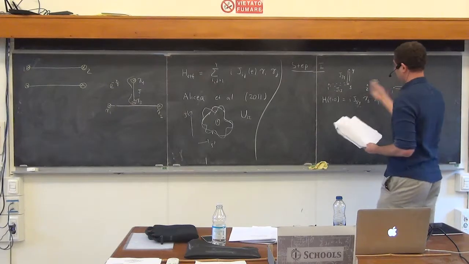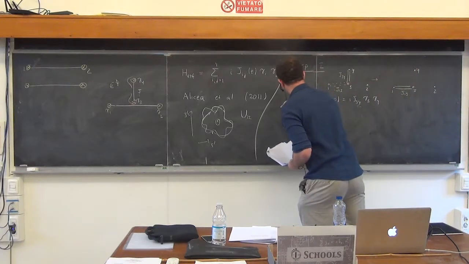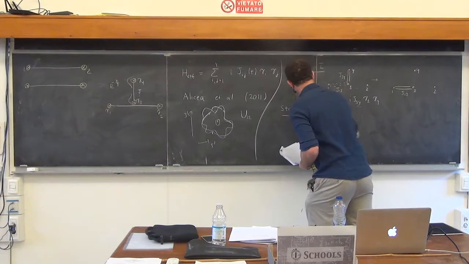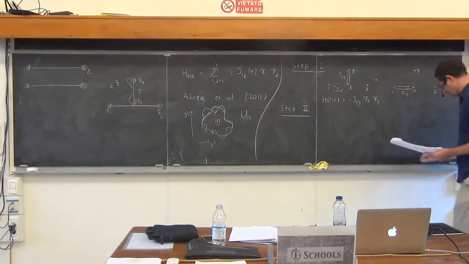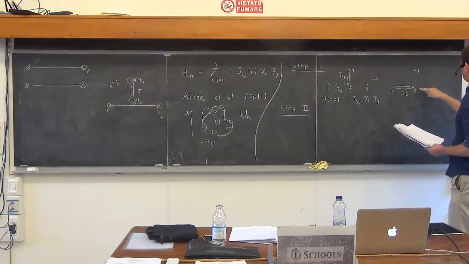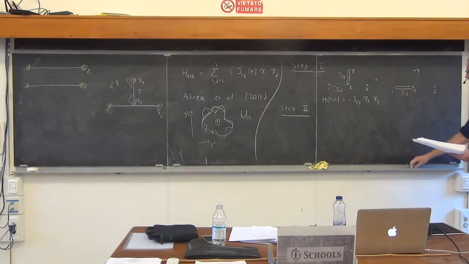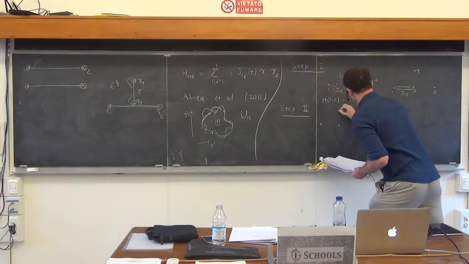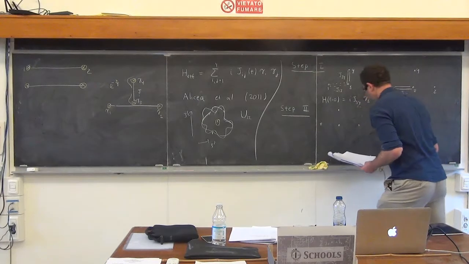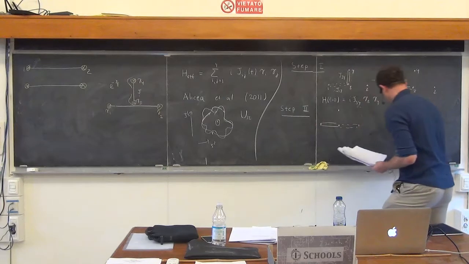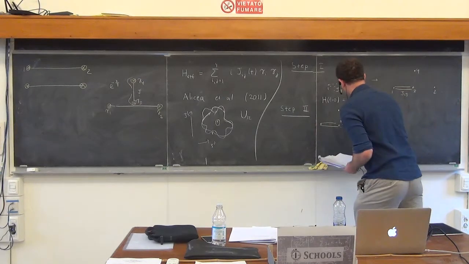So this is the first step. There are 3 steps. Step number 2 is the step where I start turning 3 to 4 on. So I go from 1 to 3 and to 2 to 3.